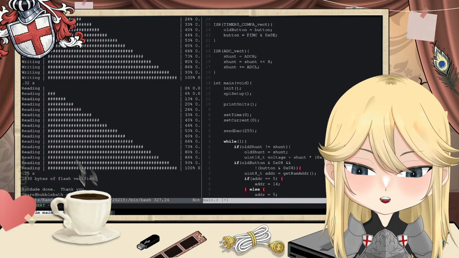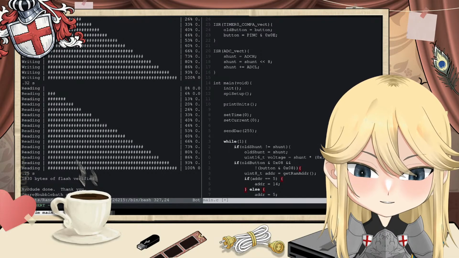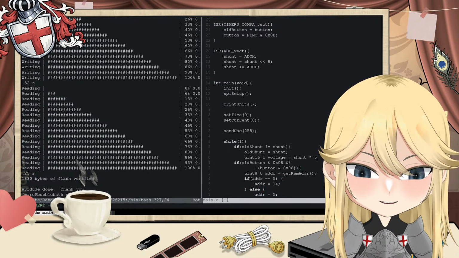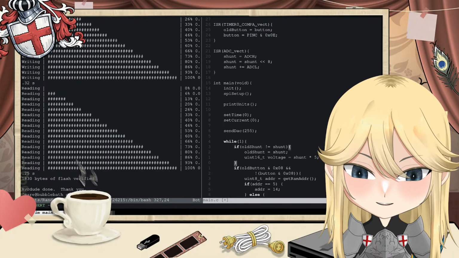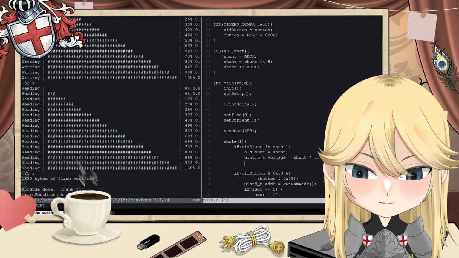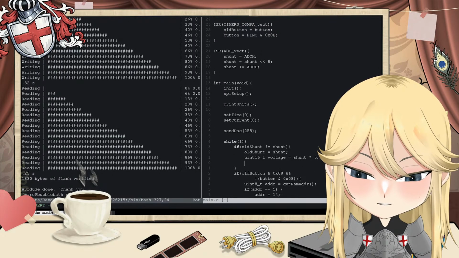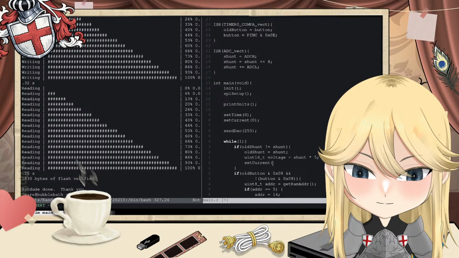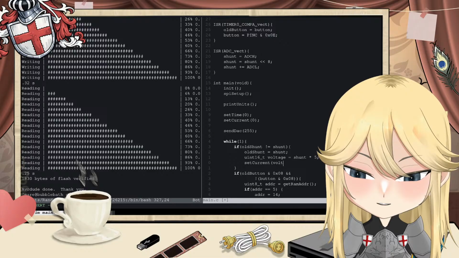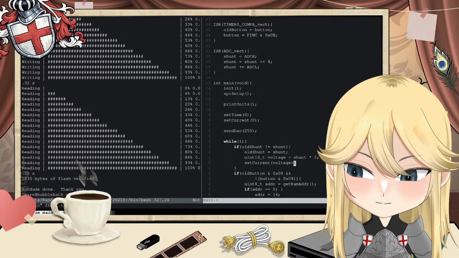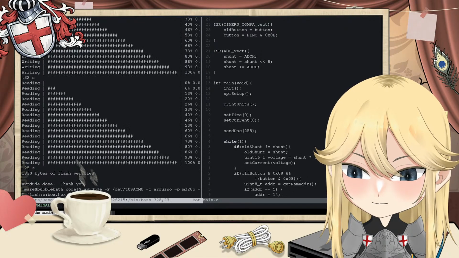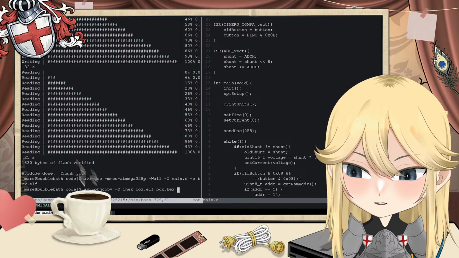It's almost the same thing, right? I'm just gonna do times 5. And then we will set current voltage. Did I save? Goodbye. Oh, first try, baby.